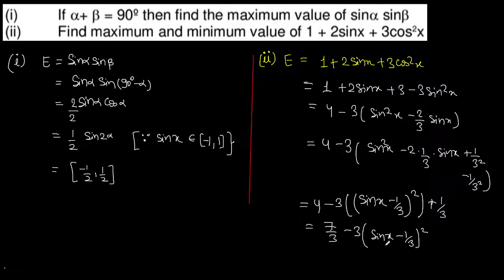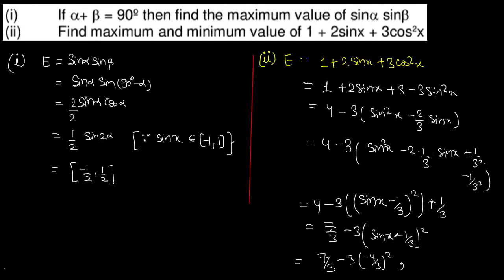So sin x minimum value is minus 1. So we can say it is 3 into minus 1 minus 1 by 3, minus 4 by 3, and maximum this will be positive. And if you want to make it minimum, we will keep sin x equal to 1. If it is negative and you want to make it more negative, go to negative, and if you want to make it minimum, it is 0.